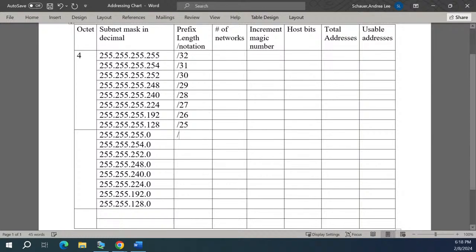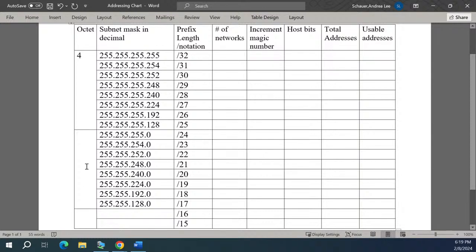Okay, so then we're going to do /24, /23, /22, /21, /20, /19, /18, /17. If I keep going, /16, /15. Again, what octet would this be in?